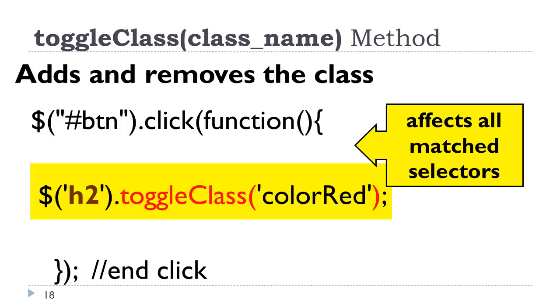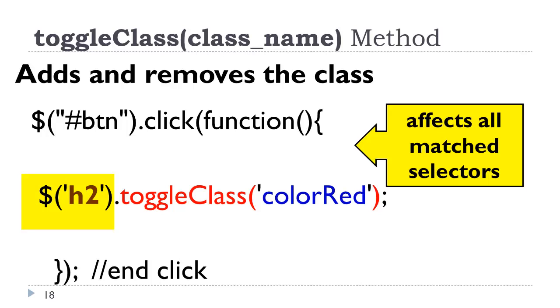What does that mean? A toggle is an on and off switch. That means when I click, because it's being called from the click event, when I click on that H2, it will add the color red class and remove it. Add it and remove it. Add it and remove it. So that's what toggleClass does.